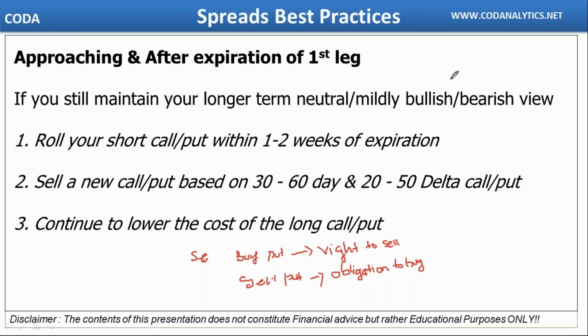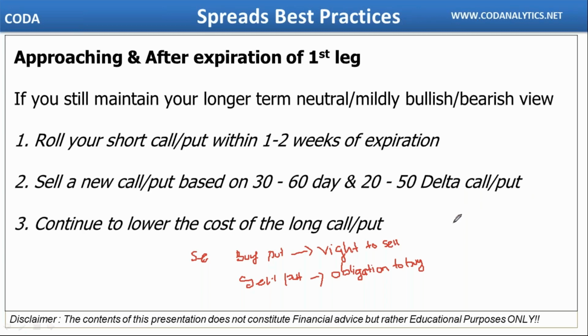So in our case, we want a stock that has some bearish characteristic for us to implement this. We are going to say this stock is neutral to slightly bearish.